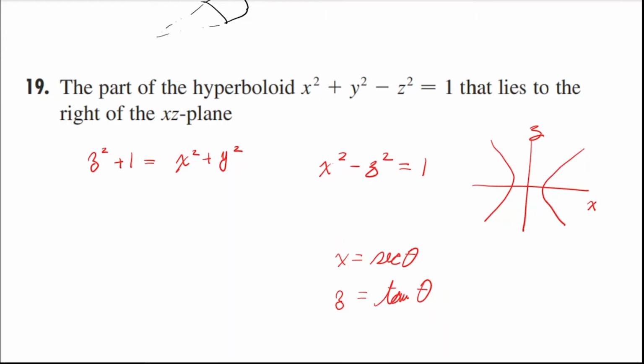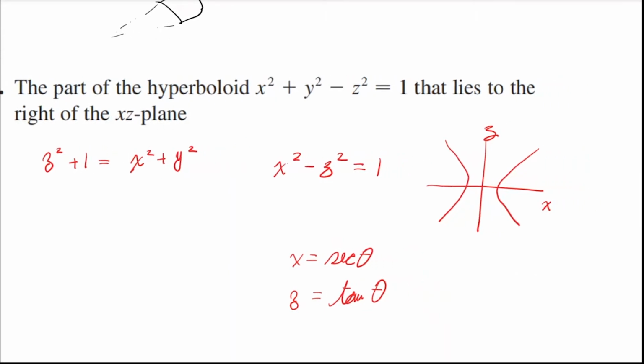Oh, you haven't learned the hyperbolic functions, hyperbolic sine and cosine, have you? I never mentioned that in this class. The other option is this: x is e to the t plus e to the negative t over 2, and z can be e to the t minus e to the negative t over 2.